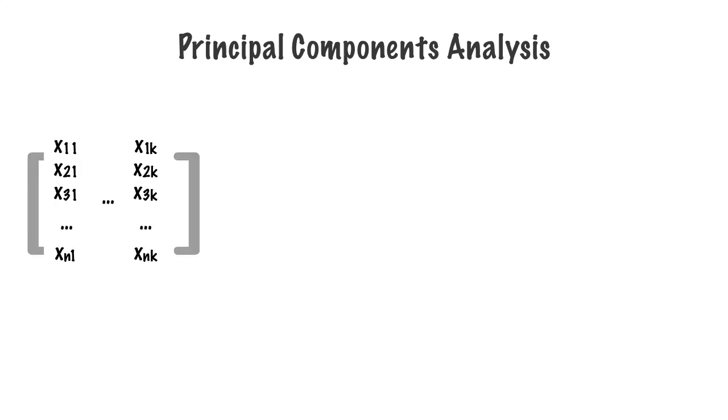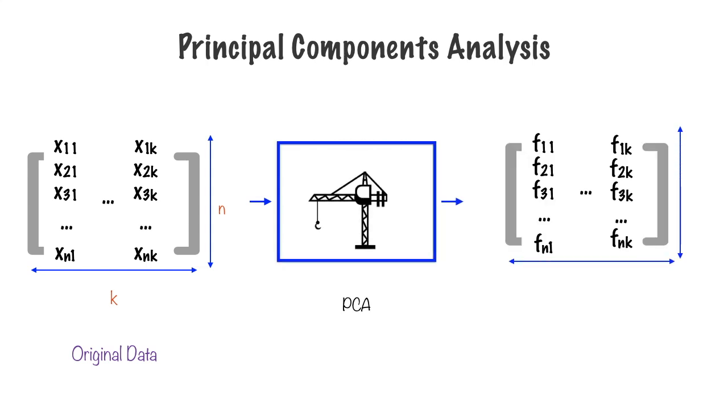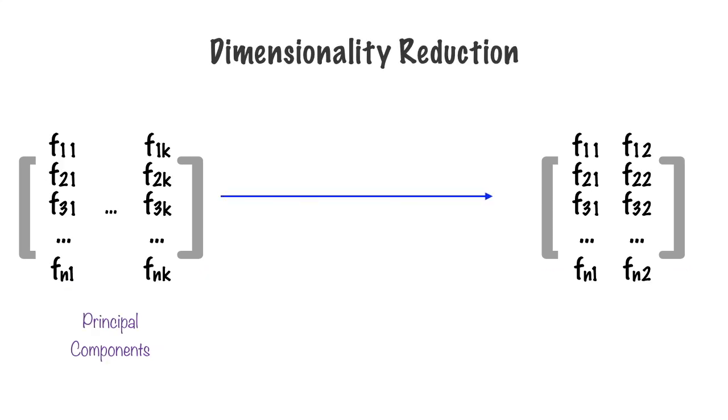Principal components analysis involves expressing the data in terms of its principal components or variables that are uncorrelated with each other. The original data and the principal components have the same dimensionality, the same number of columns. It's only once you have these principal components that you can choose to represent the same data with fewer dimensions.